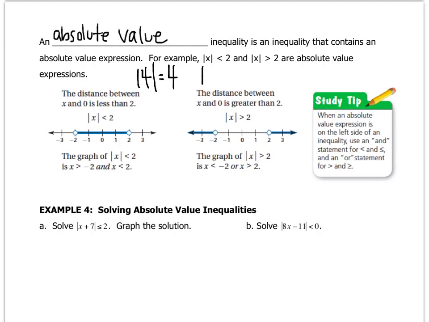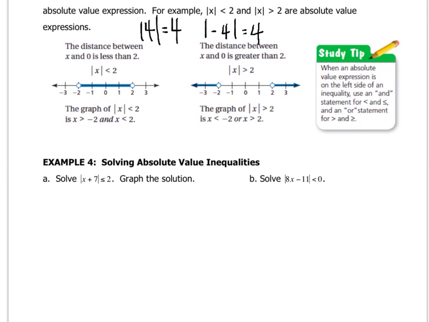But the absolute value of negative 4 is also 4. So absolute values kind of have two answers, and so this is why it's in the compound inequality section, because since you could have two answers, you can also create two inequalities. So we still get those wings and strings.